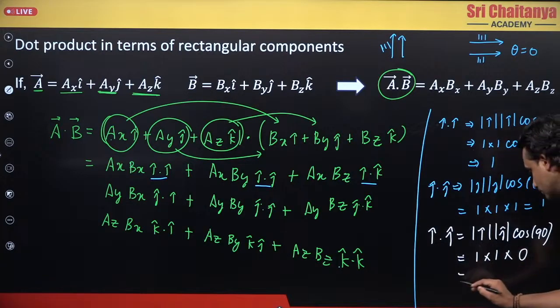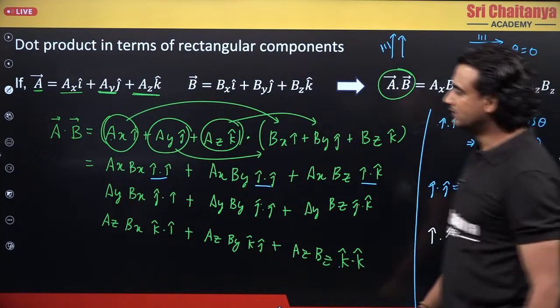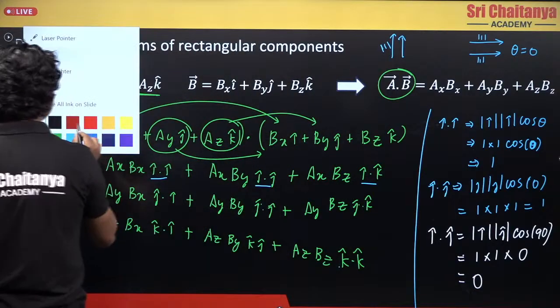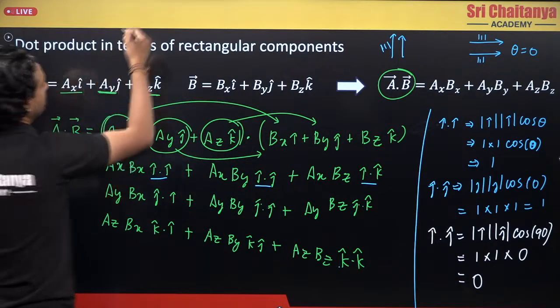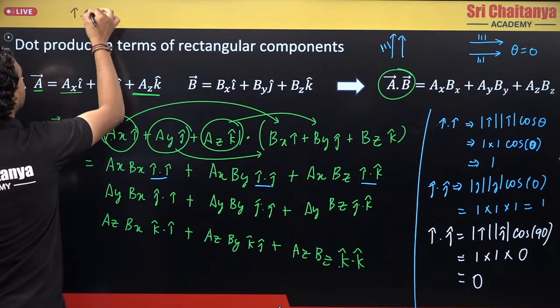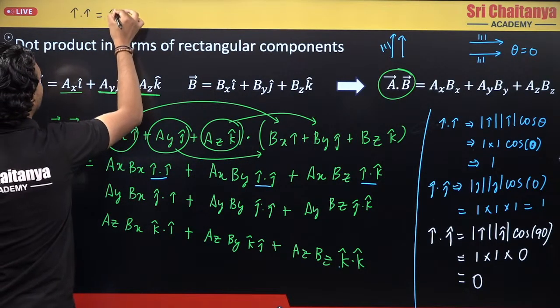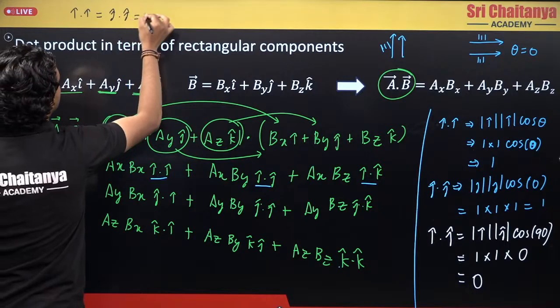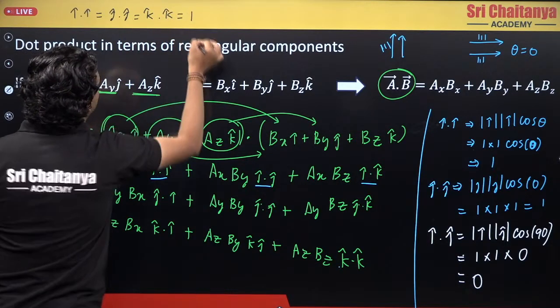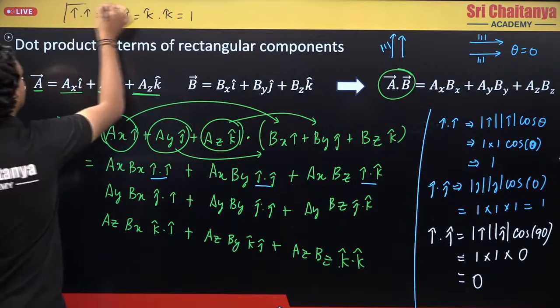So this will be equal to 0. Basically, in simple terms, I can say that i dot i is equal to j dot j is equal to k dot k is equal to 1. This is a very important formula.